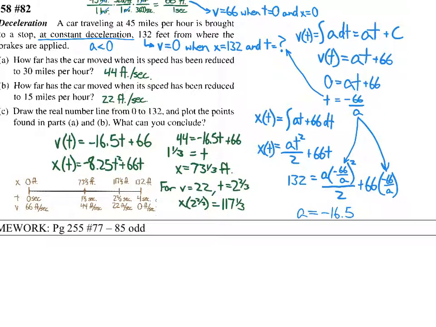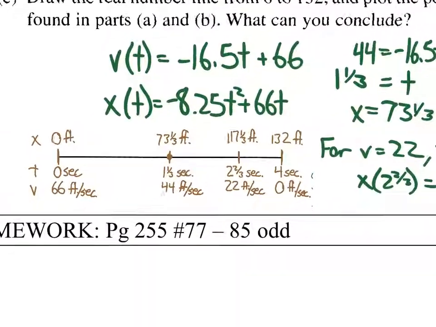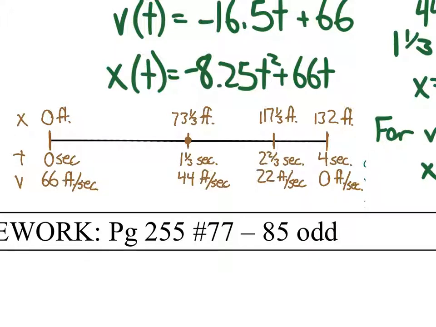So the number line, I put it down here. This is part C. They only asked you to plot the points that we found. Here's our starting point. You don't have to do this, but I like to put all 3 variables at each point.